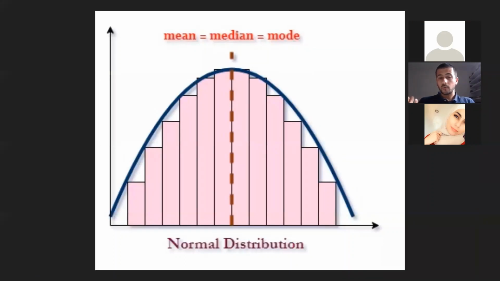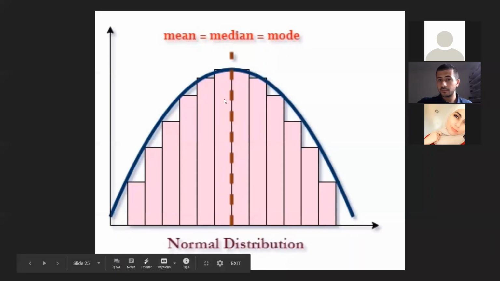Now, we should know the first one of the characteristics that make our normal distribution distinct. The most important thing is the mode, median, and mean are all in the middle. Do you agree? Why do you assume that the mode will be the number in the center or in the middle?